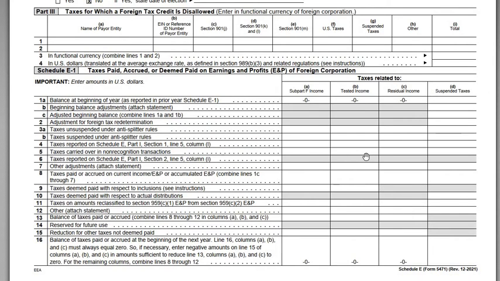I'll put some links in the description below for some more complicated examples when I have those videos posted. But for purposes of this example, because we have no foreign taxes paid, deemed paid, or accrued, these line items can simply all be blank. So that'll cover it for E-1, this tutorial, and let's go ahead and move on to the next one.